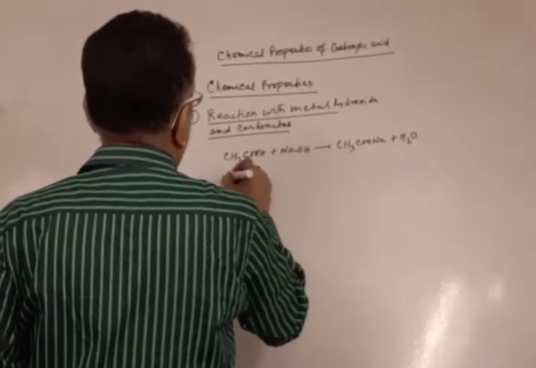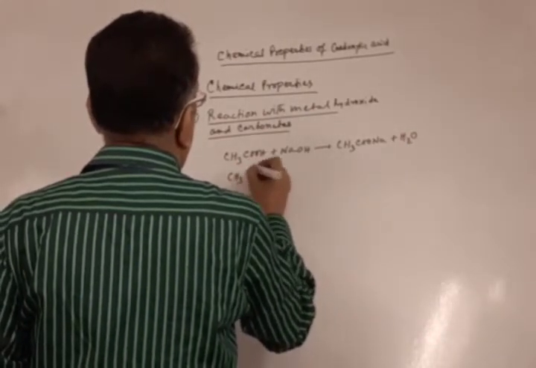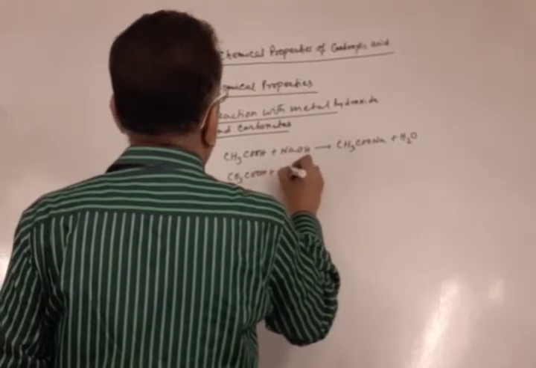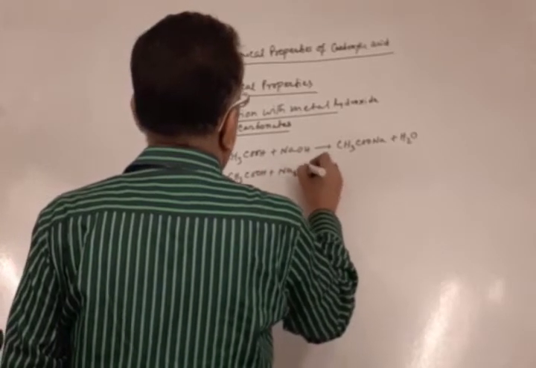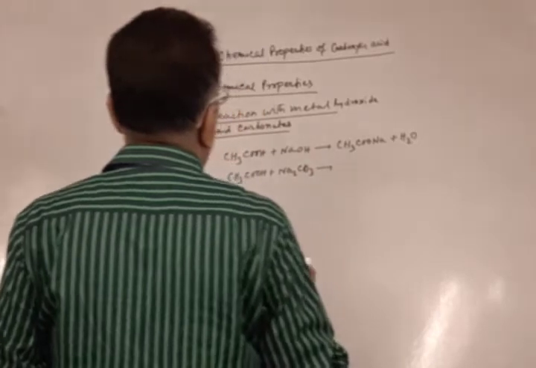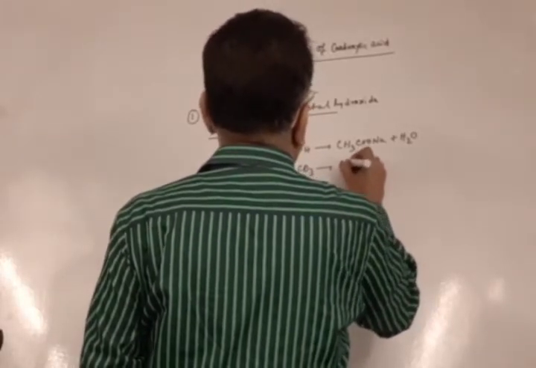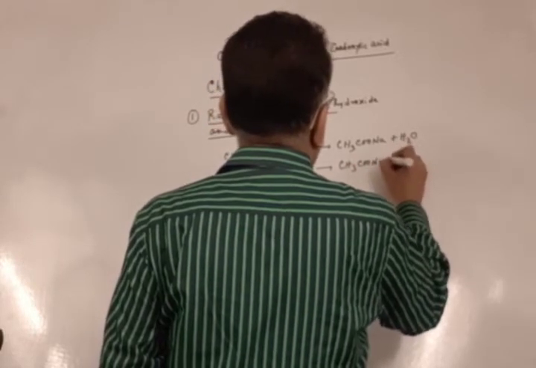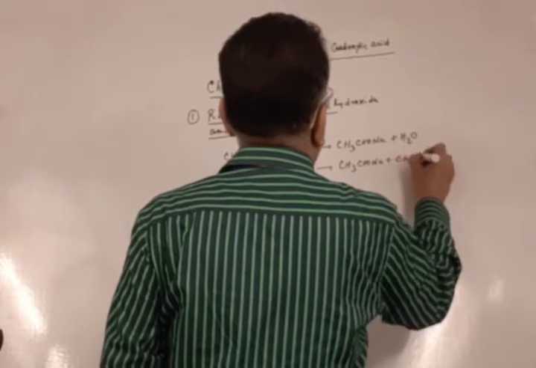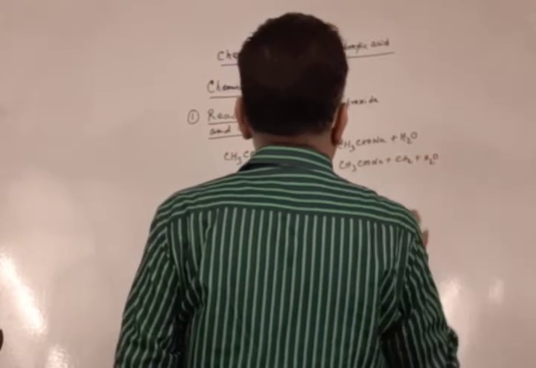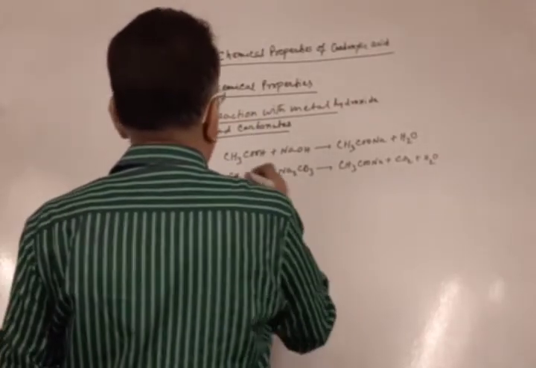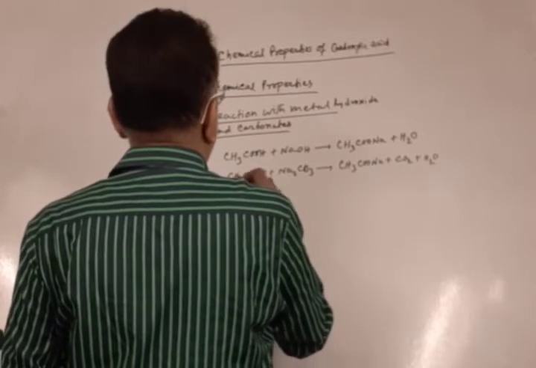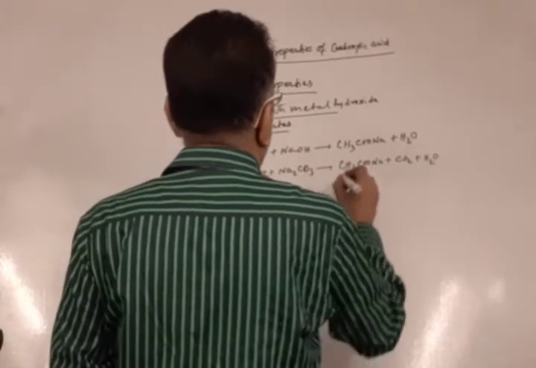Similarly, if we have CH3COOH plus Na2CO3, then we get CH3COONa plus CO2 plus H2O. This will be 2, and this will also be 2.